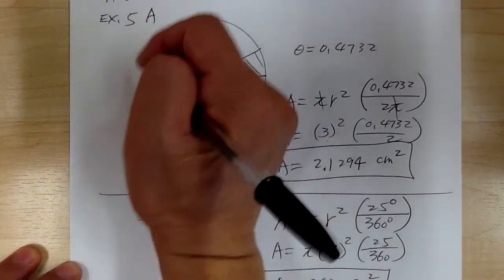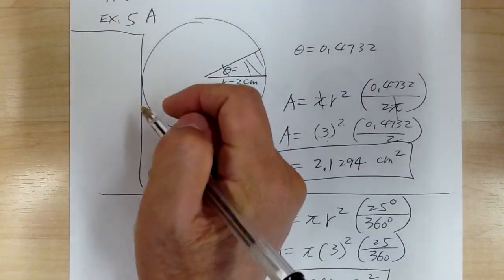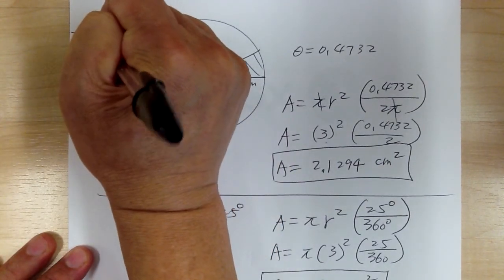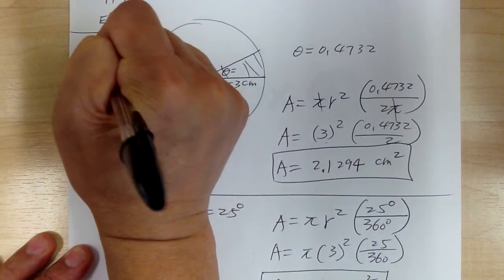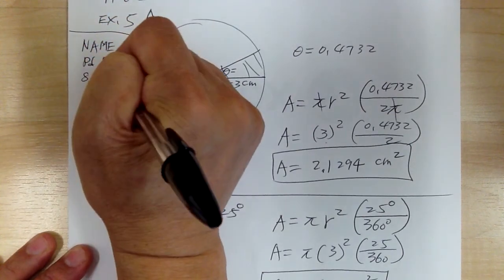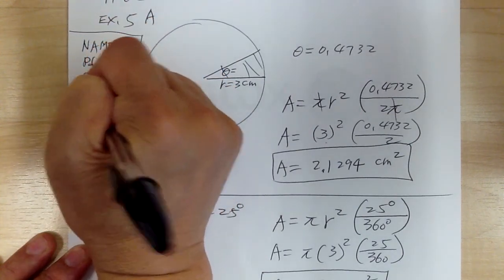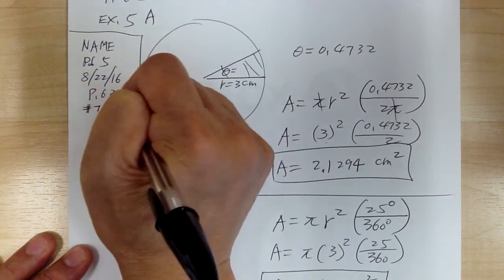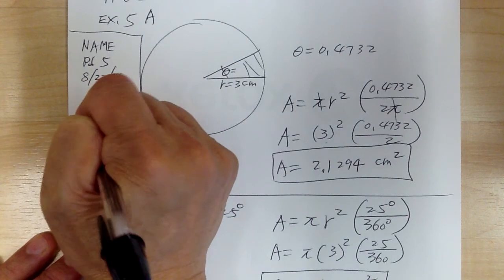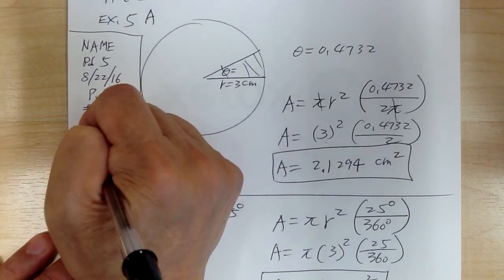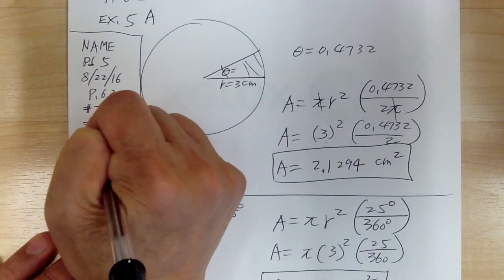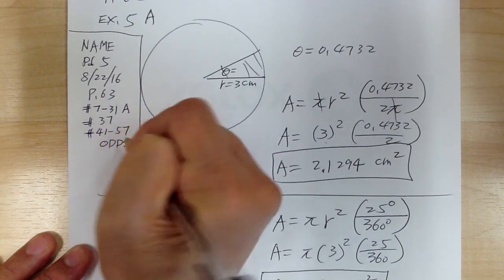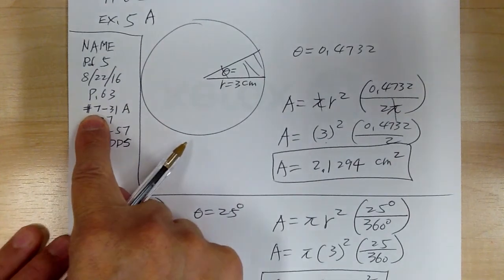So let's go and do some practice. Problems 7 through 31, all the odds.